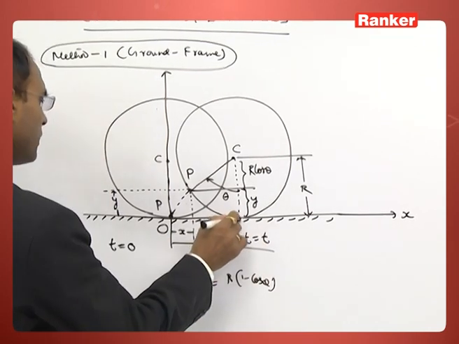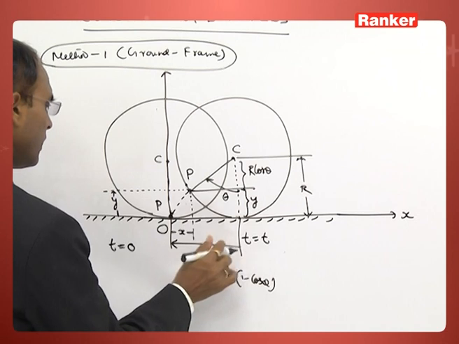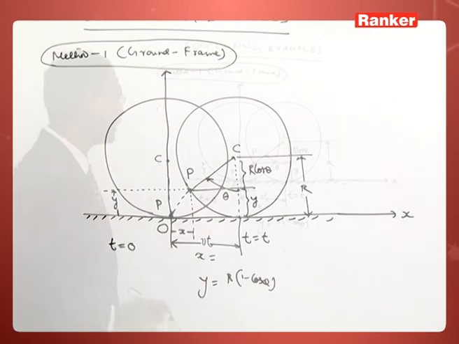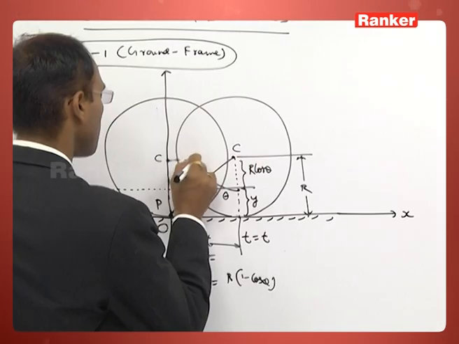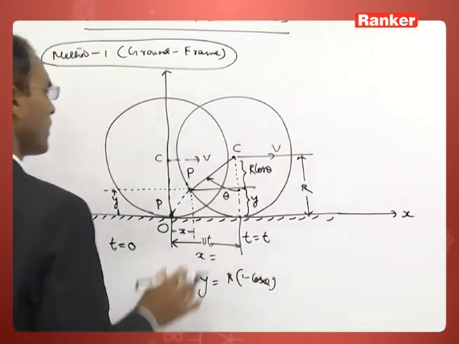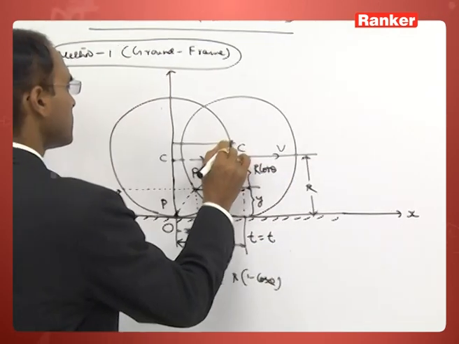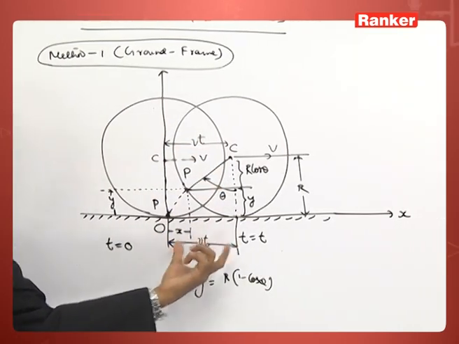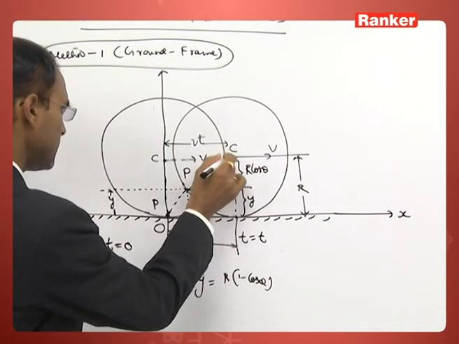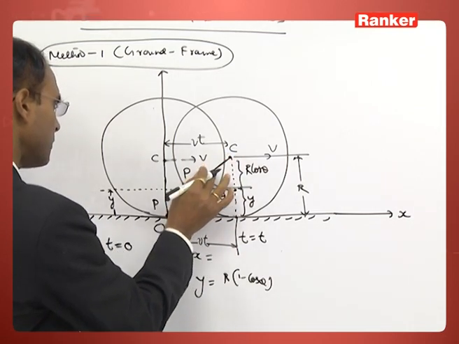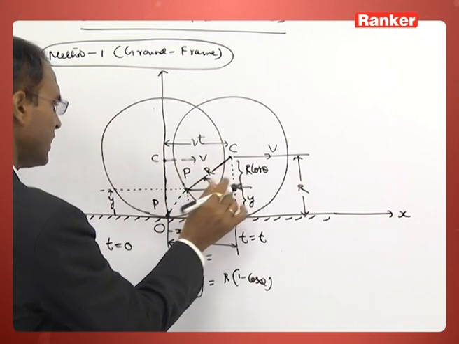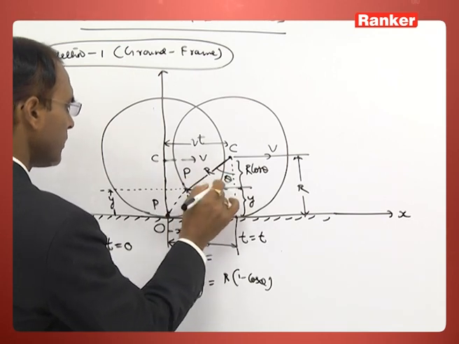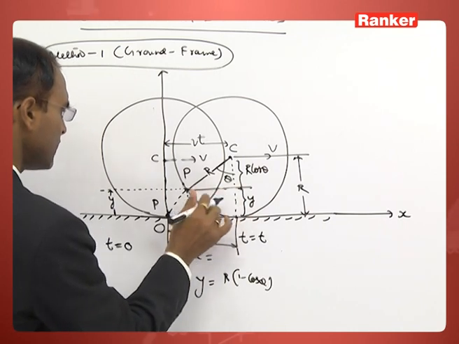the distance covered by the center of mass, which is equal to v into t, because the velocity of the center of mass is v. The center of mass moves with constant velocity. During the time t, it moves through this distance, that's equal to vt. Therefore, this distance is vt, and if this is r and this is theta, this distance is equal to r cos theta.